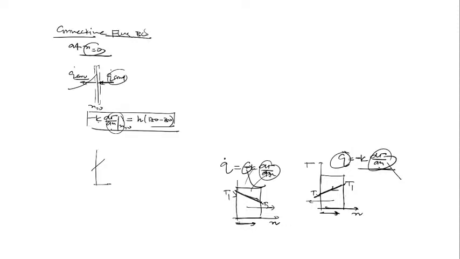So dt upon dx is positive, but the heat flux is negative. It indicates that heat is transferring in the negative x.